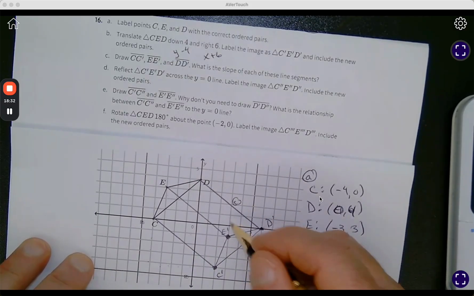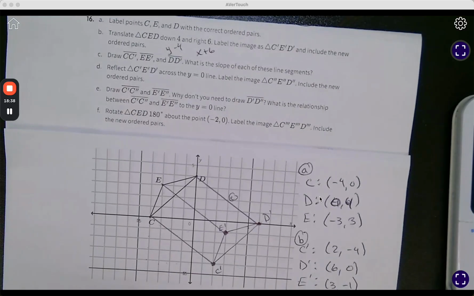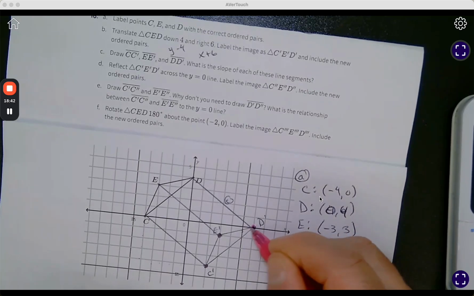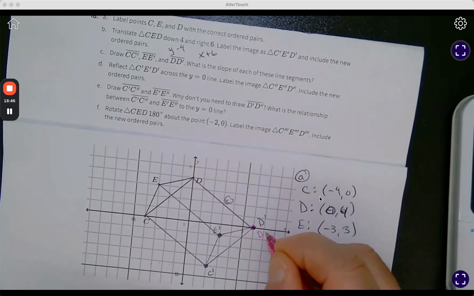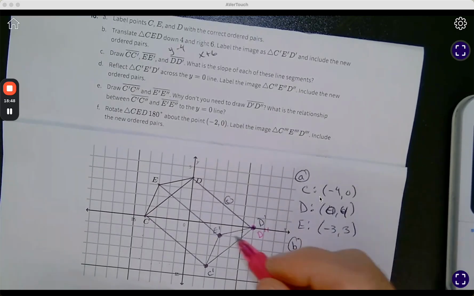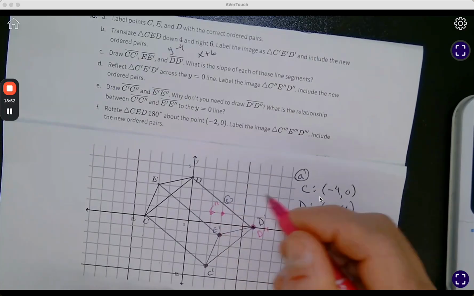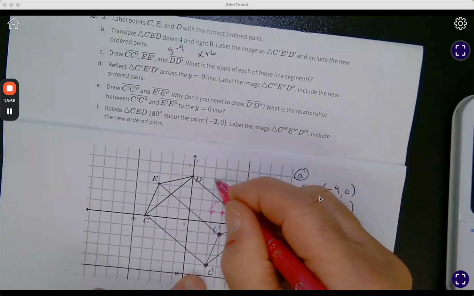E double prime. I'm going to go a different color here because I want you to be able to see it. All right, so I'm going to reflect over that. This is going to stay D because it's on the x-axis, and the x-axis is the y equals 0. So that's D double prime. This goes here. That's E double prime. And this goes here.